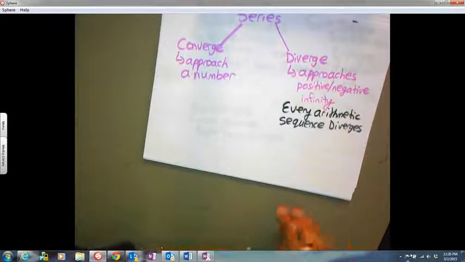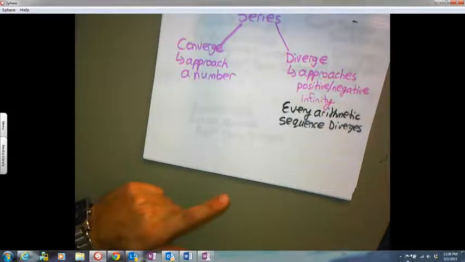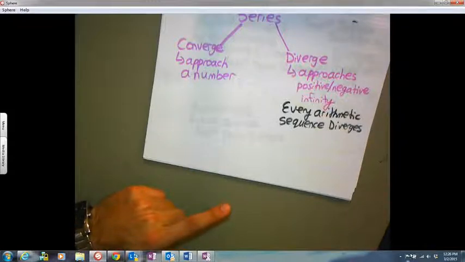Someone answer, why is it that every arithmetic sequence must diverge? Shanli? It's because it's always either being added to the next number or subtracted from the past number. Both, so which one is it? Yep. It's either going to go towards positive infinity or negative infinity.